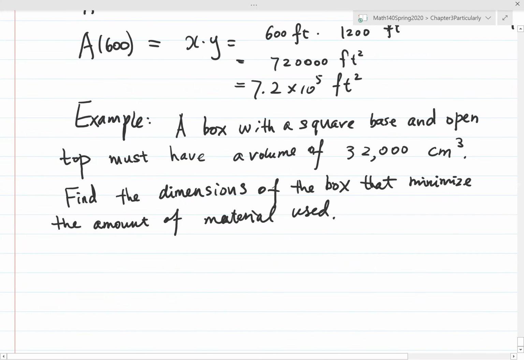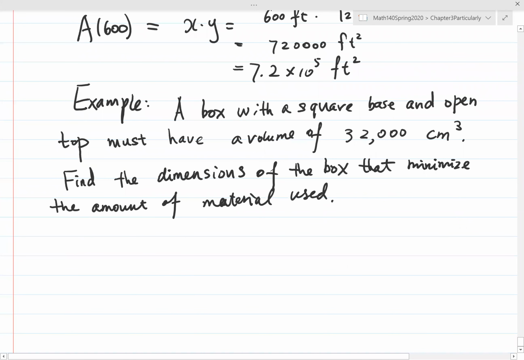For instance, the side and the base should be the same material. Then the amount of material used should be proportional to the surface area of the box.